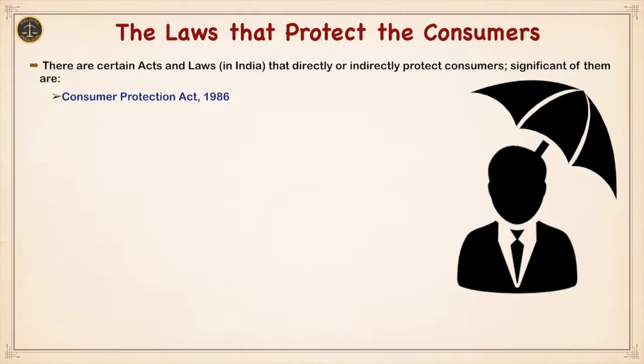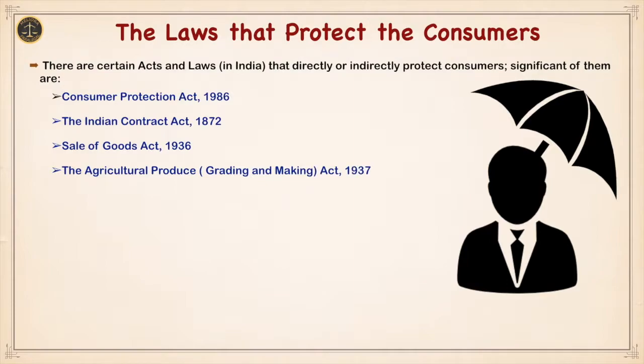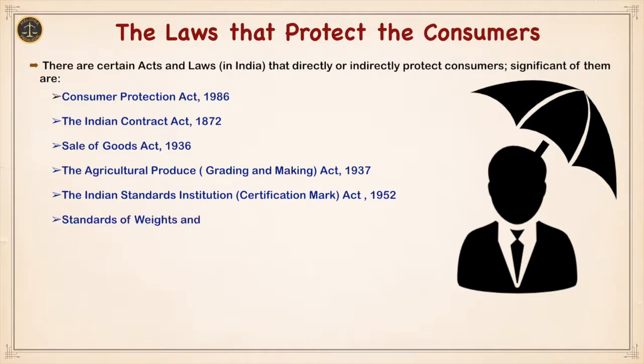Significant among them are the Consumer Protection Act 1986, the Indian Contract Act 1872, the Sale of Goods Act 1930, the Agricultural Produce Grading and Marking Act 1937, the Indian Standards Institution Certification Marks Act 1952, the Standards of Weights and Measures Act 1976, the Food Safety and Standards Act 2006, etc.